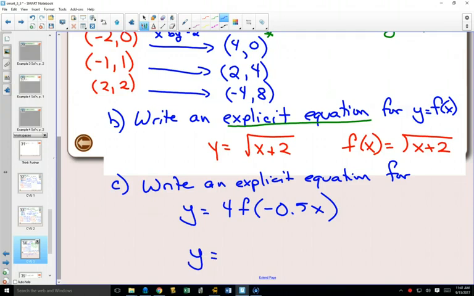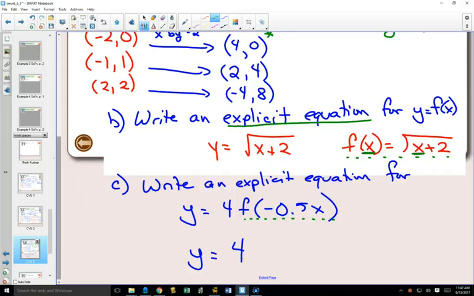So what this is doing, and this is really practicing your skills with function notation, is that anything outside of the function, like that 4, is going to stay outside. It's just this part that's going to be related to what we had originally. In particular, whatever we put in for x replaces the x right there.